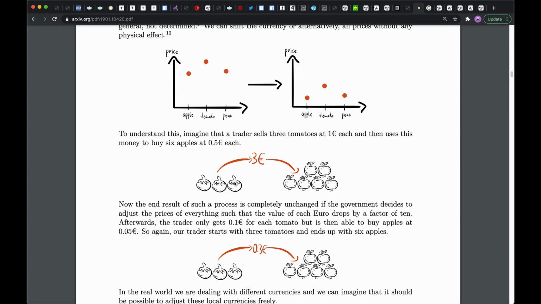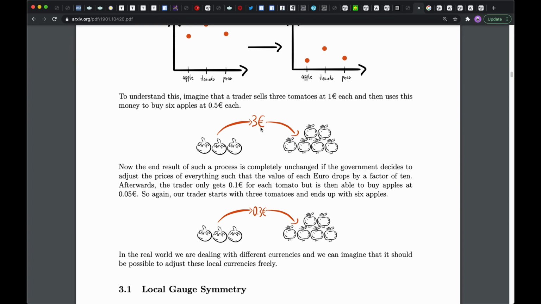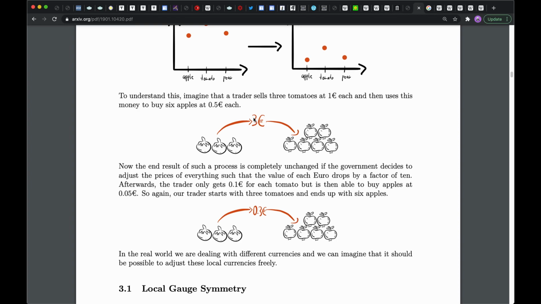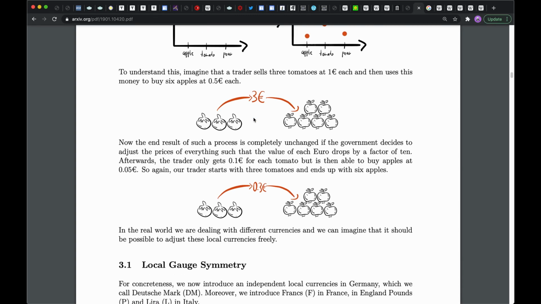So when you shift everything relative to everything, you will still be able to exchange, for example, three tomatoes for six apples, like on the picture below. It doesn't matter how much it will cost if all the relative prices change. And that thing is called a global gauge symmetry.